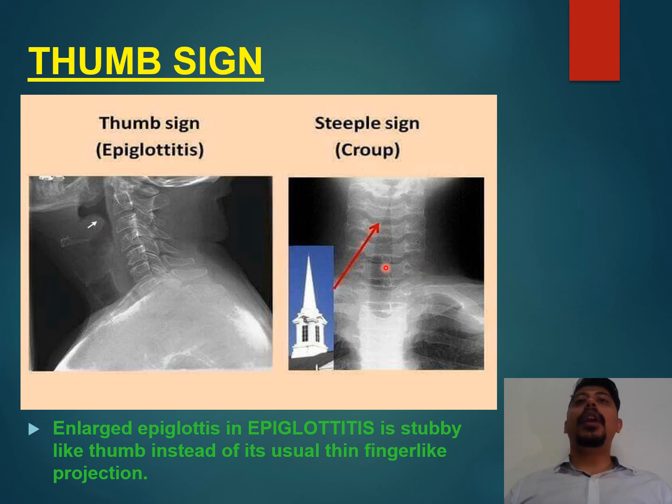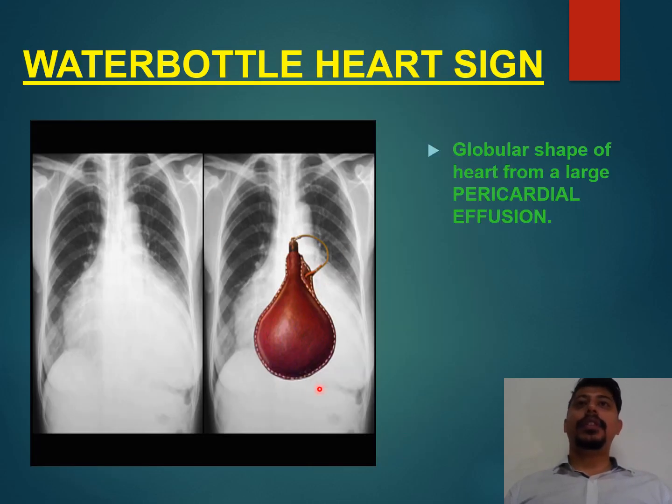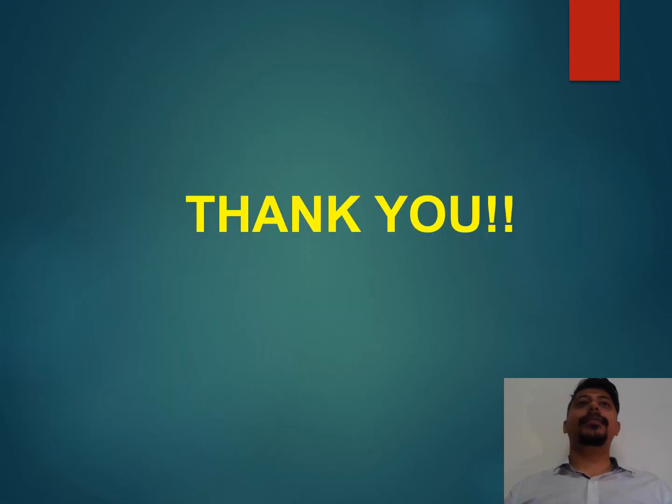Whereas on the AP neck X-ray, we can appreciate the steeple sign, or also church top sign, seen in croup. Water bottle heart sign. A globular shaped heart from a large pericardial effusion gives the appearance of a water bottle. Thank you.